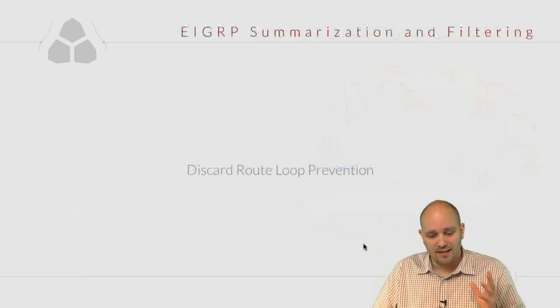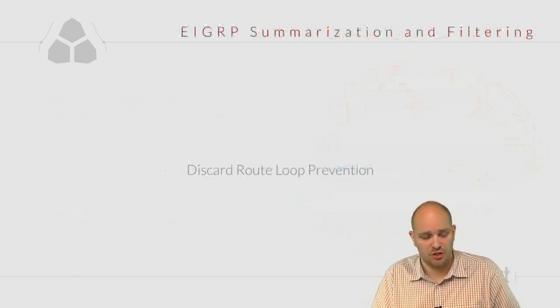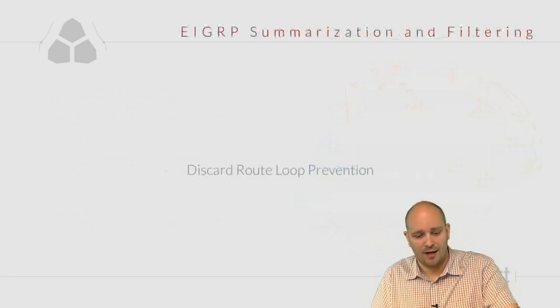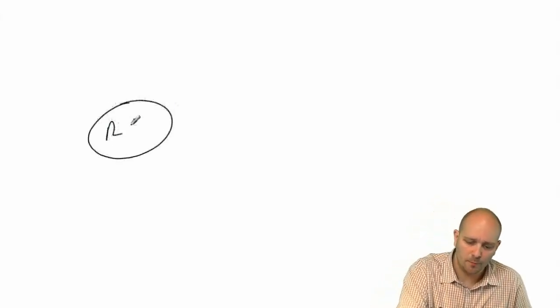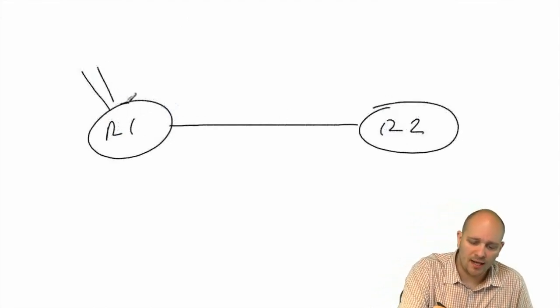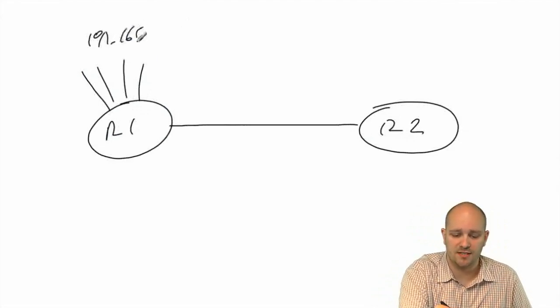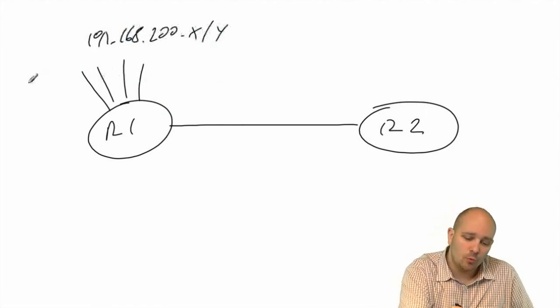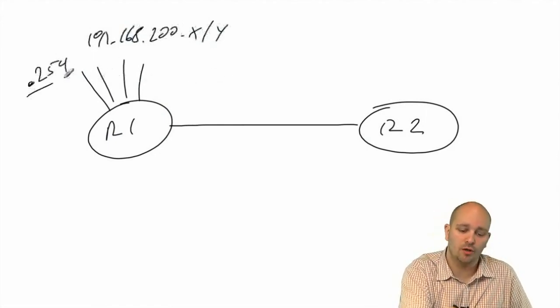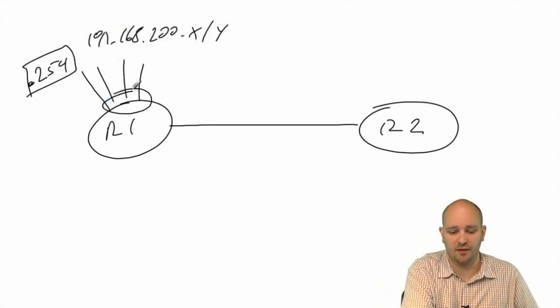This is what the discard route actually does. So here I'm going to talk about discard route loop prevention. At this point we have R1 and R2. R1 has some more specific routes for 192.168.200.x/y, but we do not have a route to .254, so this IP address doesn't have a more specific route.